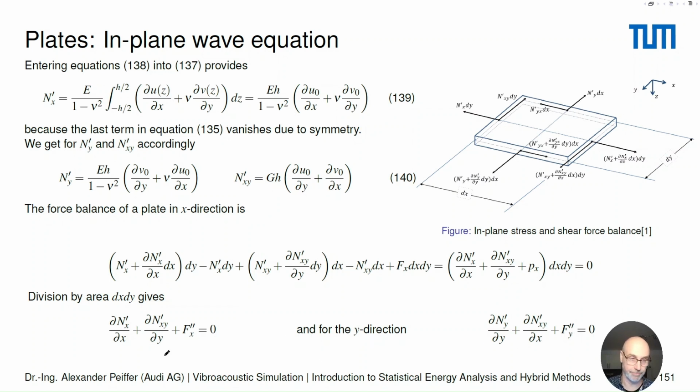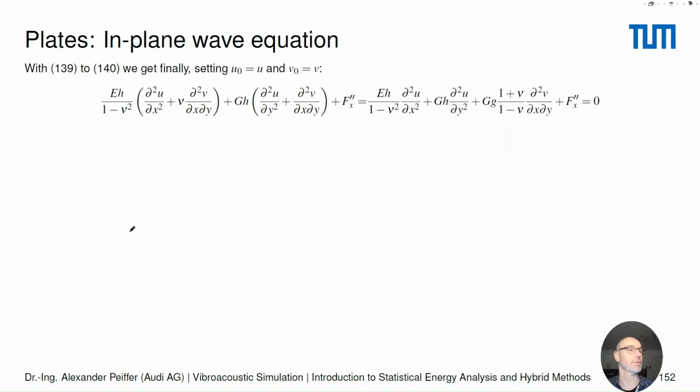As a next step, in the force balance equation derived here, we use the above equations and enter them here. We show this for the x direction first, and then we get finally this expression, and after some modification we end up with this expression for the force balance described in terms of displacements.